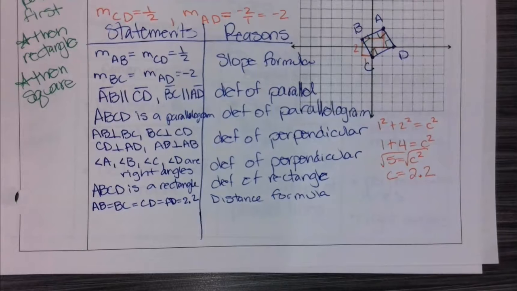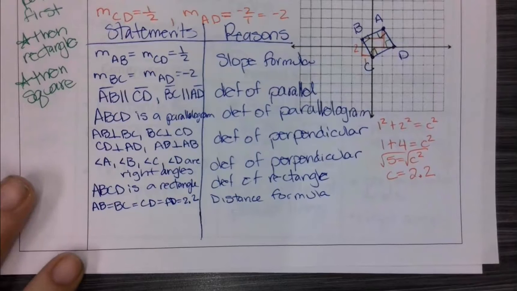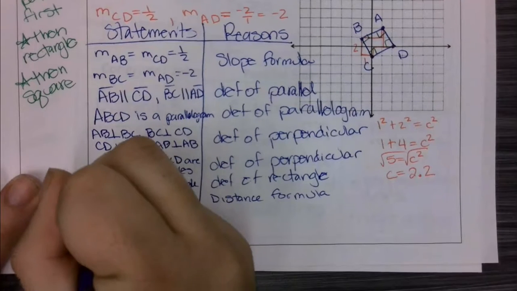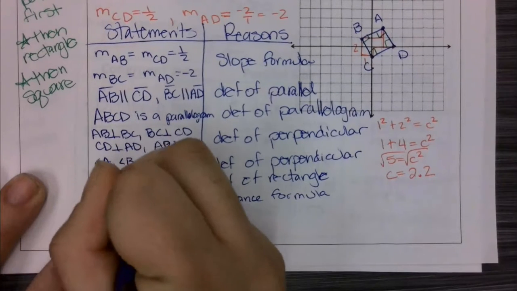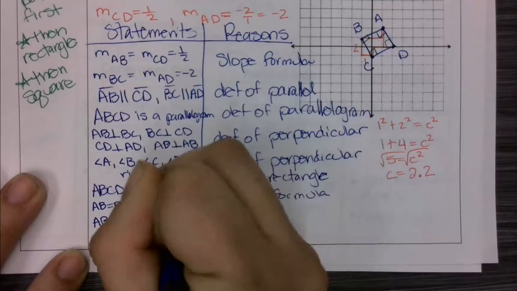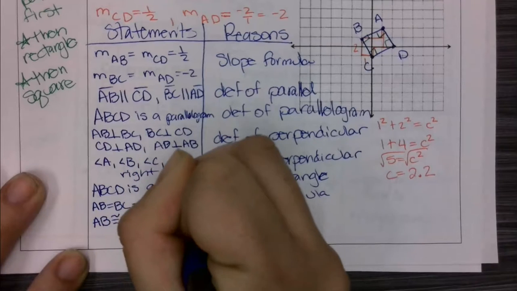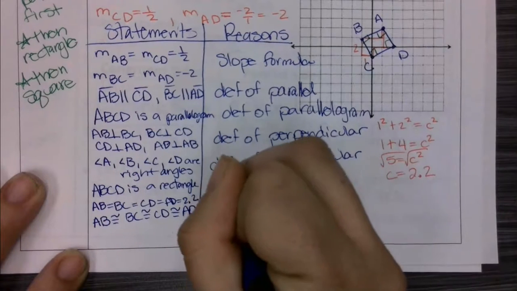Okay. So now that I know that those are the same length, I can say they're congruent. So I can say AB is congruent to BC, is congruent to CD, is congruent to AD. Definition of congruent.